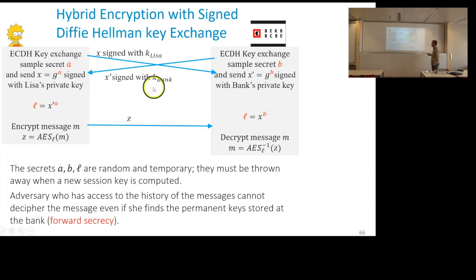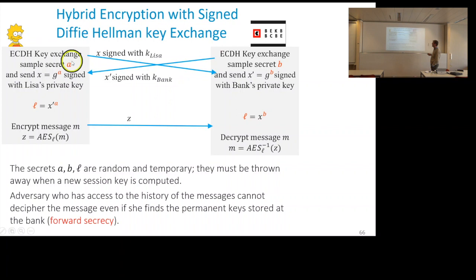So this is fixed by having a use of keys here. So here's how it works. First, we'll still use private and public keys here. We will do a key exchange that will be signed with one of the two private keys.